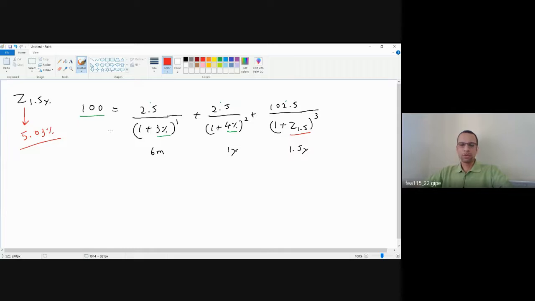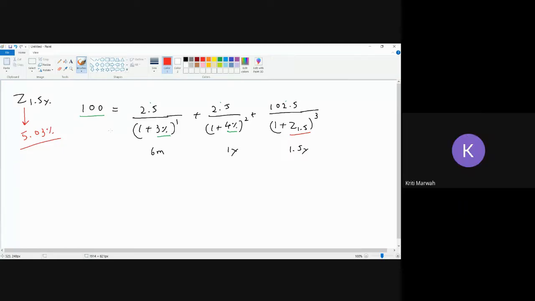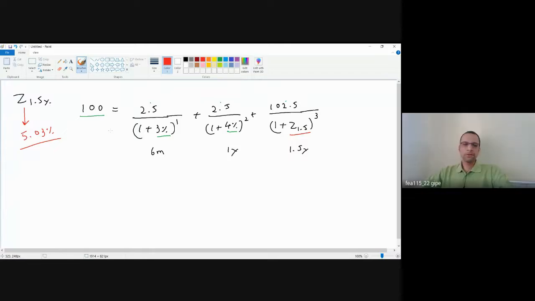So does this equation look okay? Yes, sir. Okay, so if you have to solve this equation, how would you want to solve it? Not manually, but through some tool. So any libraries, etc., which you can think of.